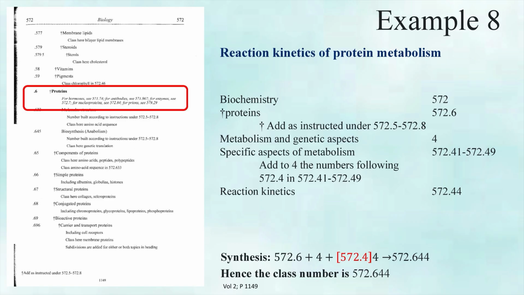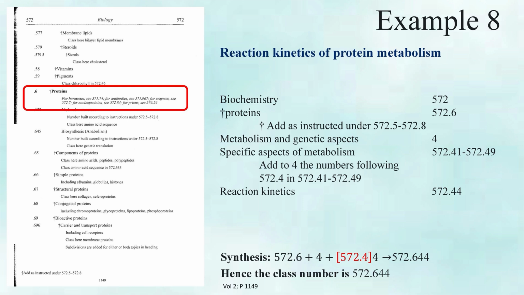Biochemistry is the study of chemistry in the light of biology, or studying biology in the light of chemistry. Protein metabolism comes under this subject, under which 572.6 is protein.